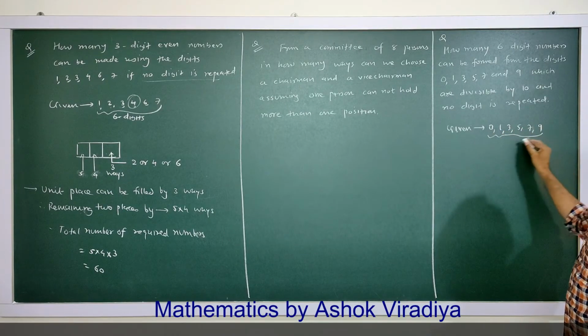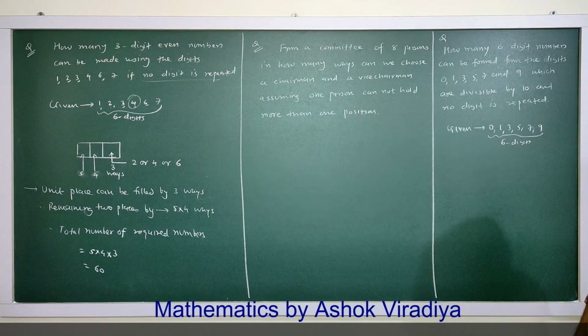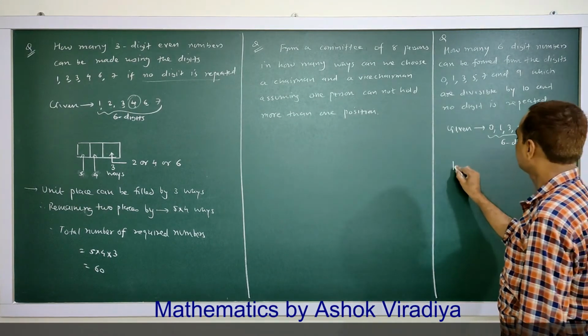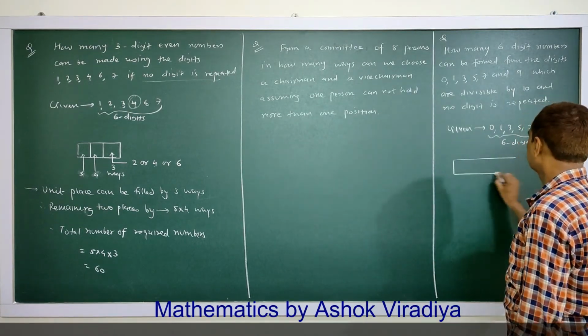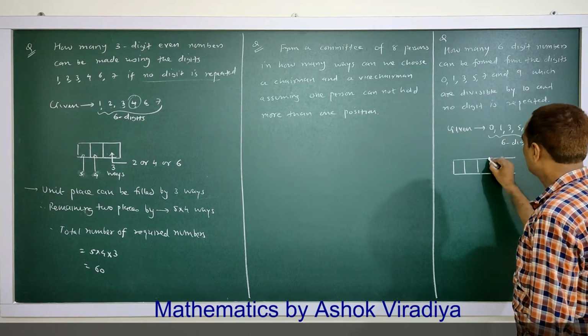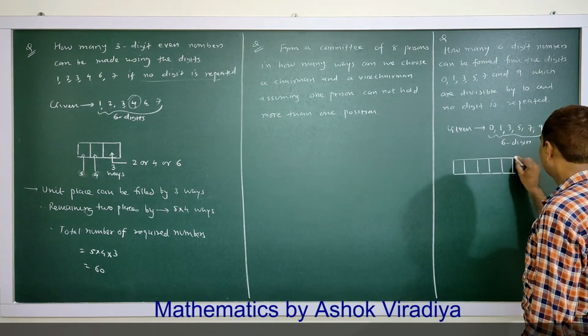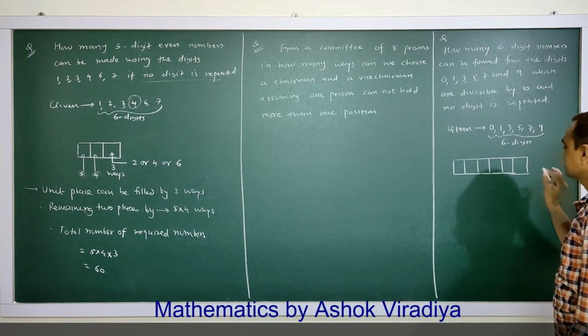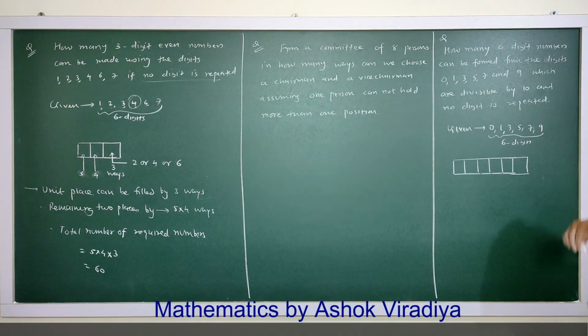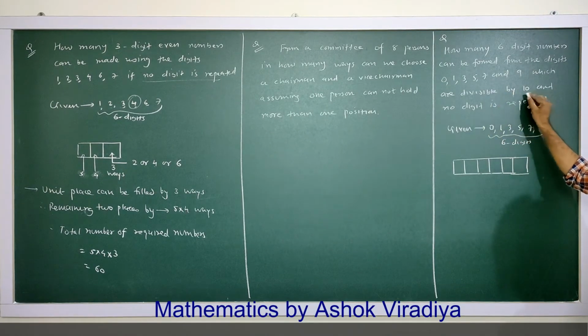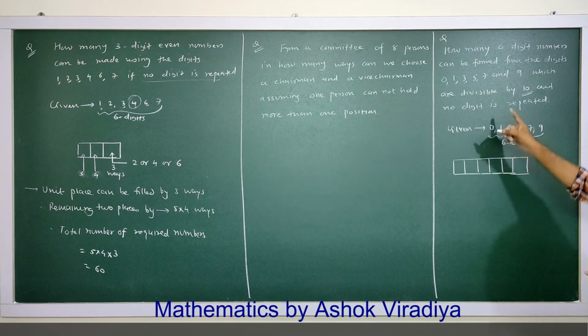These are 6 digits. We want a 6-digit number. Now we want a number divisible by 10 and no digit is repeated.